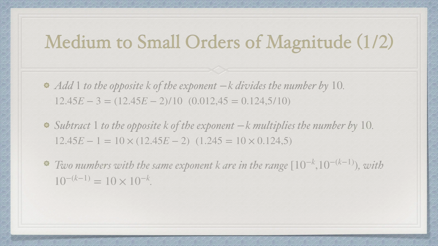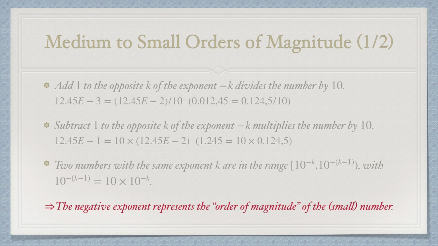And two numbers with the same exponent are in the range 10 to the power minus k, 10 to the power minus k minus 1, with 10 to the power minus k minus 1 is 10 times 10 to the power minus k. So the negative exponent represents the order of magnitude of the small number.